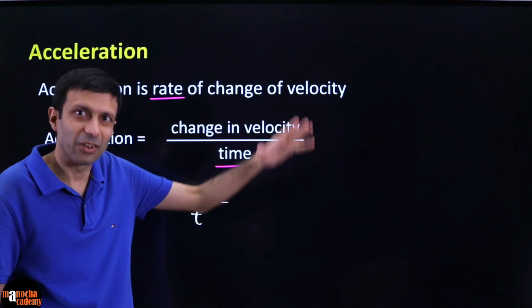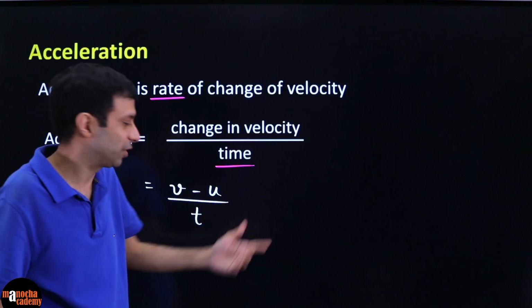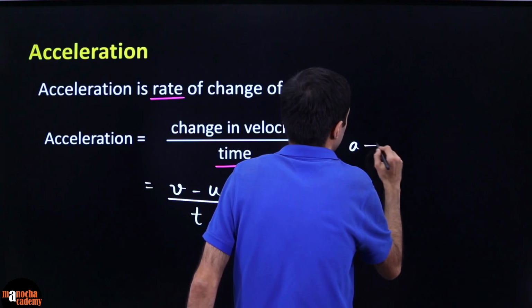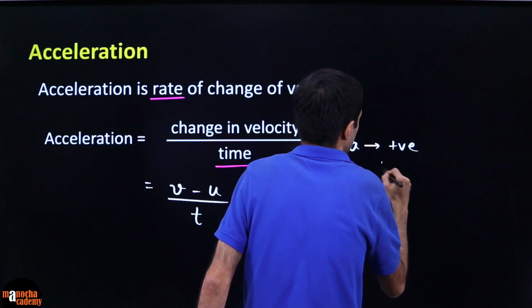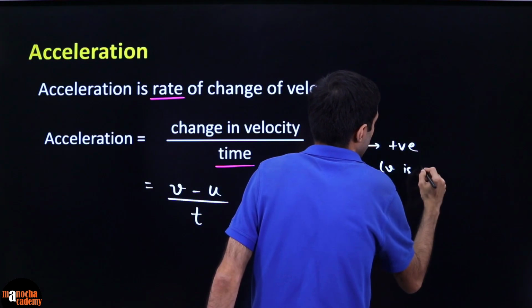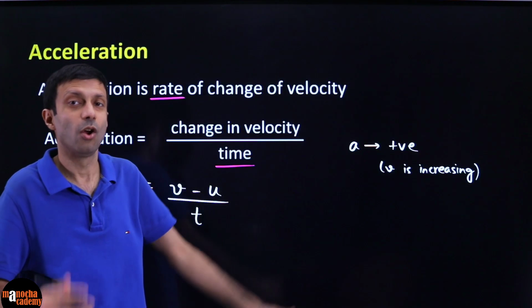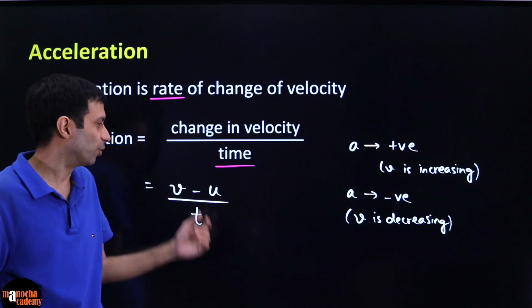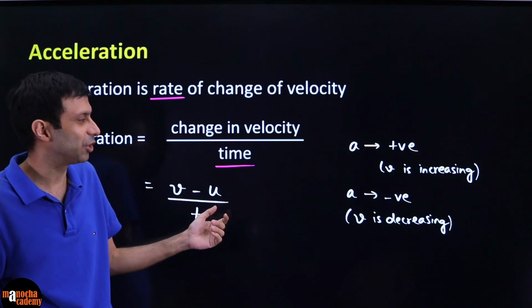So that means speed is increasing. Then it is acceleration. So note here that acceleration could be positive. So basically this means velocity is increasing. Or acceleration could be negative. Then the velocity is decreasing.